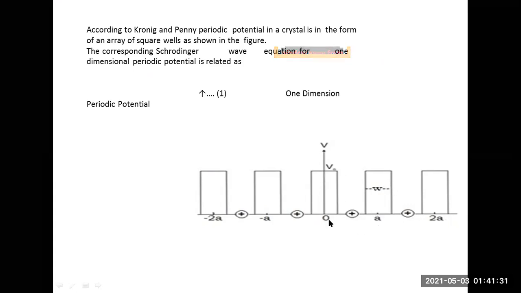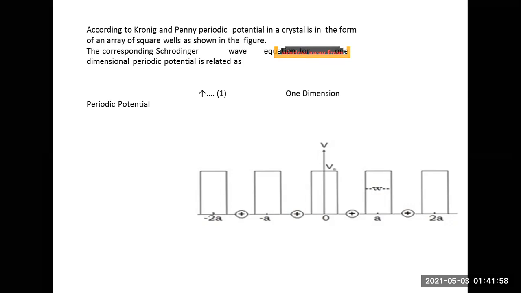Here the points given are with dimensions a, 2a, minus a, and minus 2a. What is a here? That is the periodicity, the periodic lattice, or the character of the crystal, right? Mathematically, that gives us the information regarding the character of the crystal.